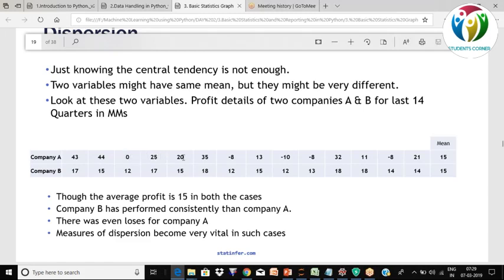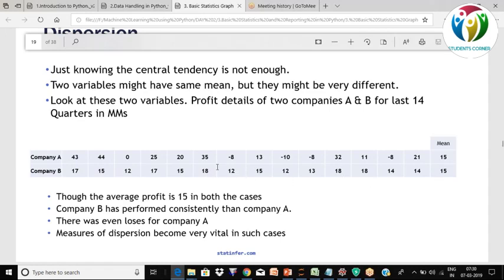Then it picked up, 25, 20, 35, again went down. It's not smooth. Sometimes it's giving good return, sometimes very bad. But look at company B, even if it is not giving very high returns like 43, 44, it is performing consistently, and there are no negatives.